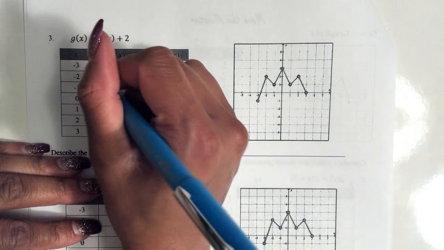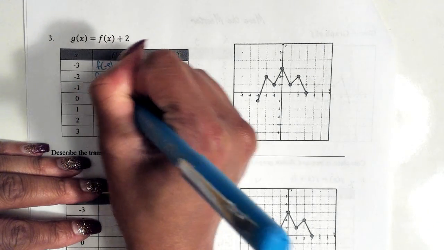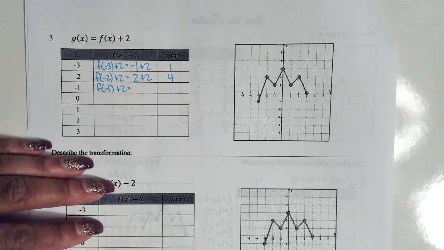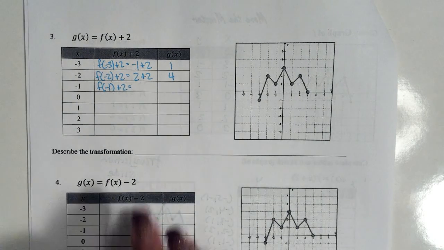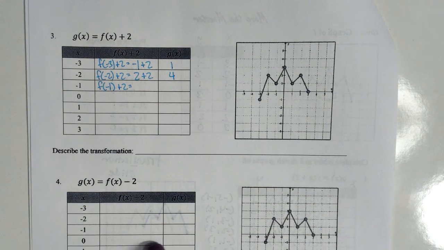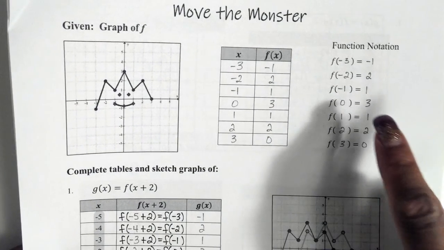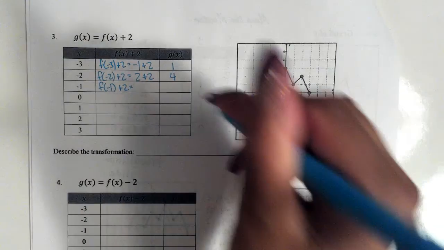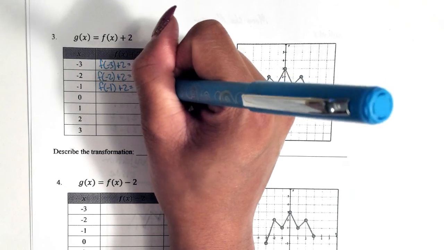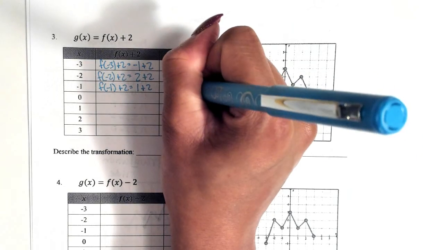So now I'm going to input f of -1 this time plus 2. f of -1 is 1. So I'm going to plug in a 1 and then add 2. And then I get 3.